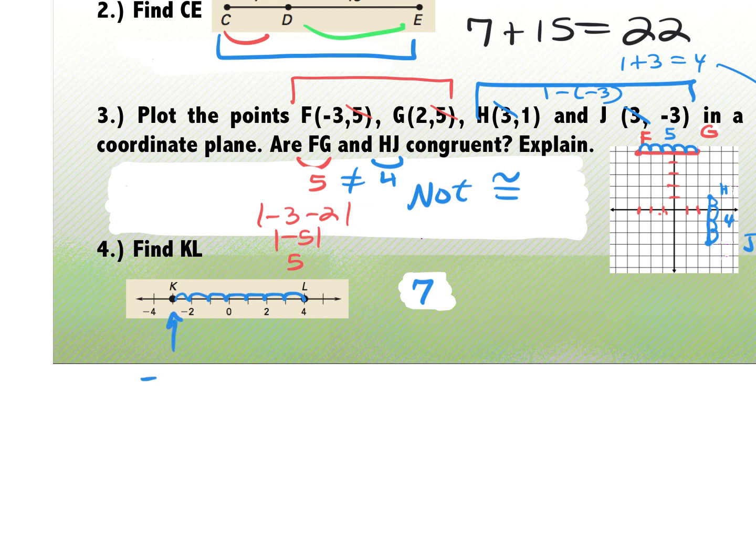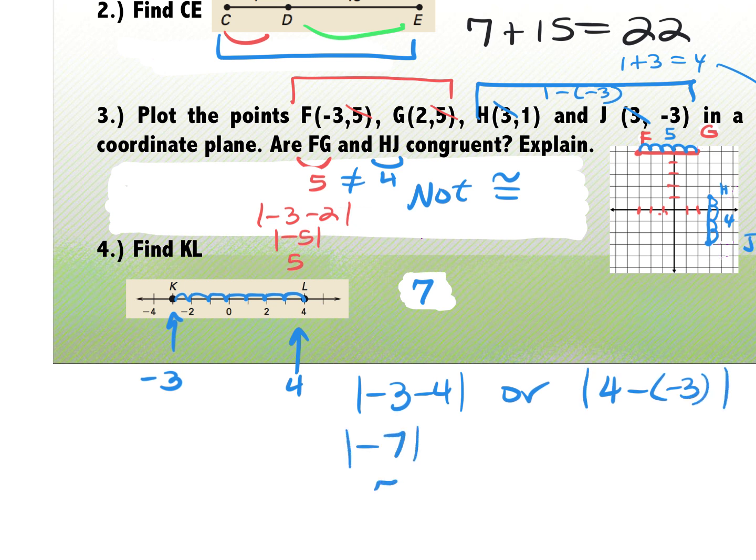K is -3, L is 4. So what you could do is subtract them, -3 minus 4, or you could do the bigger coordinate minus the smaller. Either way, you're going to get the same answer because you're going to find the absolute value. So the length of KL is 7.